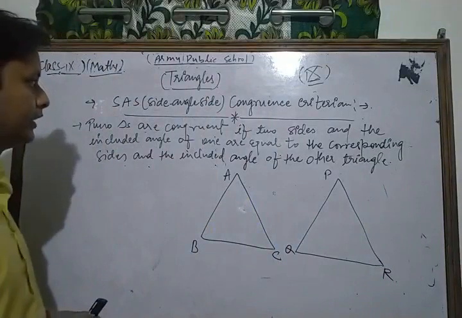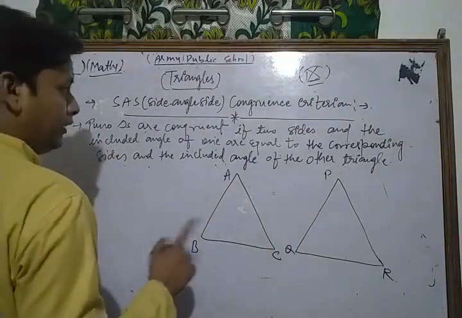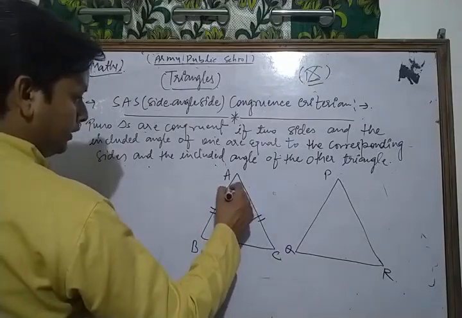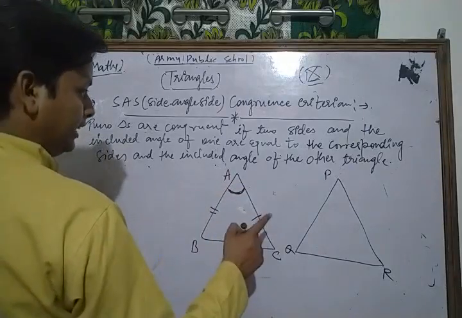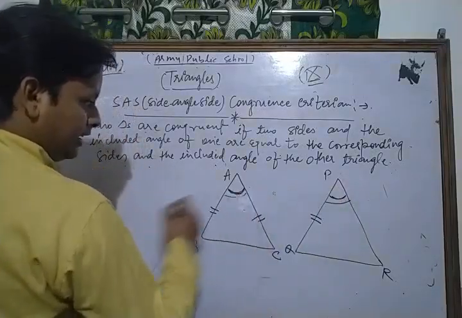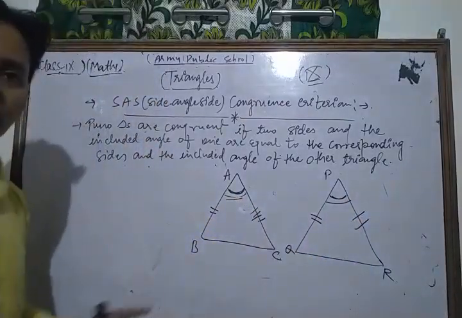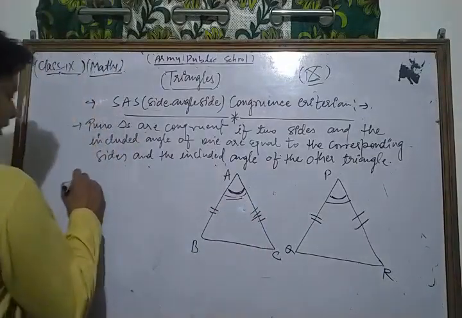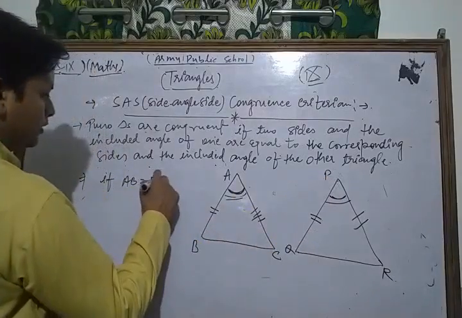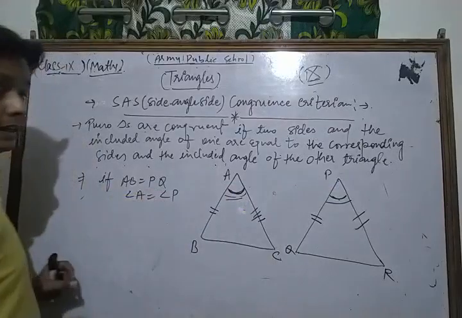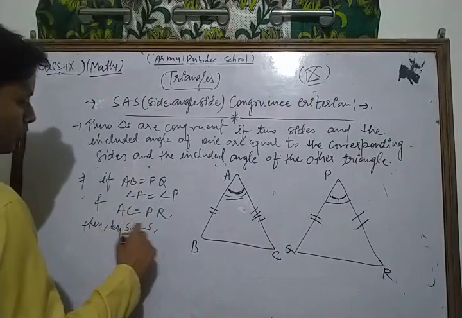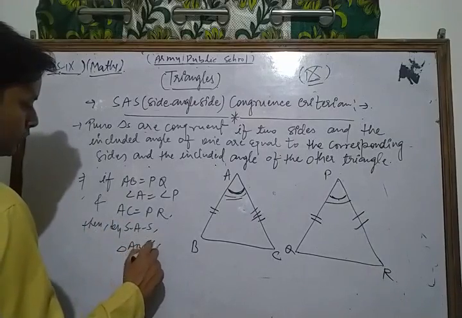According to that criterion, if two sides and the included angle between them, suppose here AB and AC are two sides and the included angle between them is angle A, are equal to the corresponding sides and the included angle of the other triangle, meaning side AB is equal to PQ, angle A is equal to angle P, and side AC is equal to side PR, then by the SAS criterion, triangle ABC is congruent to triangle PQR.